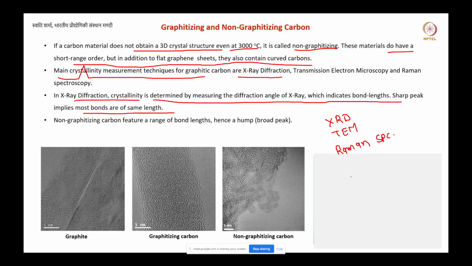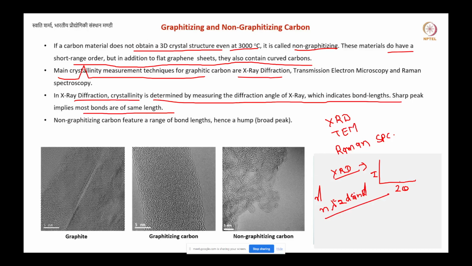Okay, so when you see the plot of the XRD, you will find intensity versus 2 theta. In XRD, you should know that n lambda equals 2d sine theta, so it follows Bragg's law. So here this will be the 2 theta.